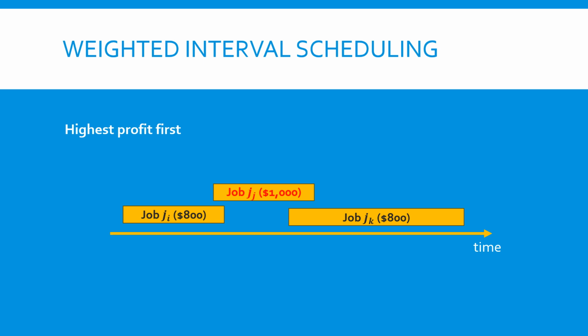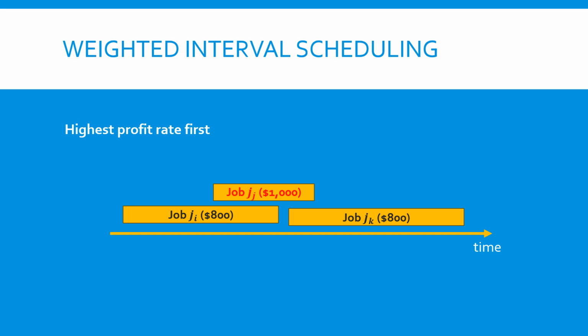Second, if we use the highest profit first criterion, we would schedule Jj, leading to a total profit of $1,000. However, we know that the actual maximum profit for this instance should be $1,600, which is achieved by scheduling both Ji and Jk. Third, consider the highest profit rate first criterion.